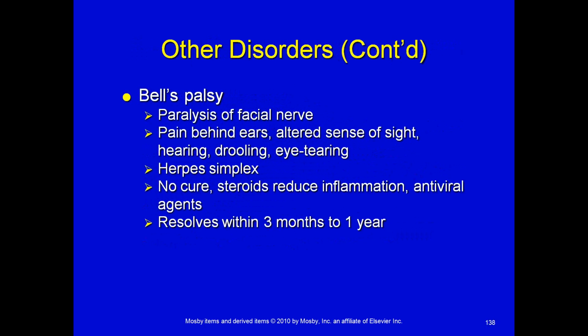It's interesting that, in addition to the pain behind the ears and the altered sense of sight or hearing or drooling or eye tearing, when the facial nerve becomes paralyzed, they're unable to blink as well. So their eyes tear mainly as a result of their inability to blink, and the eyes dry out, and the body's response is to tear.